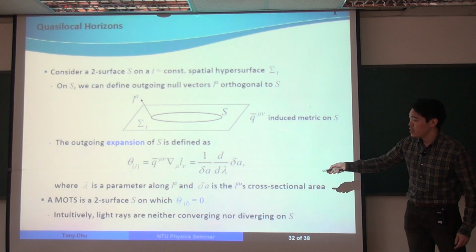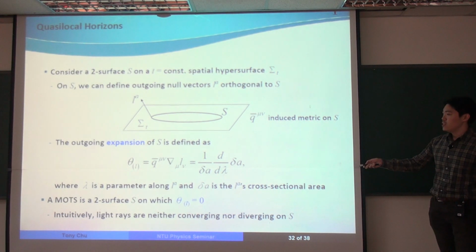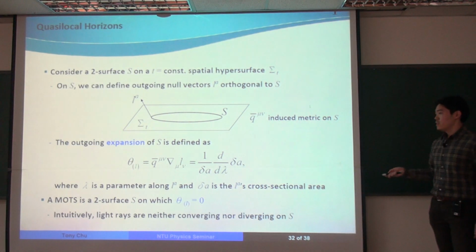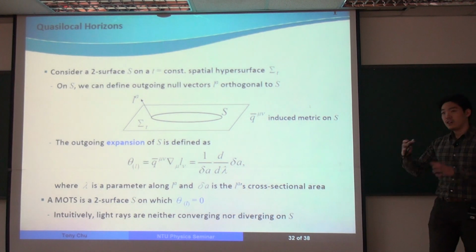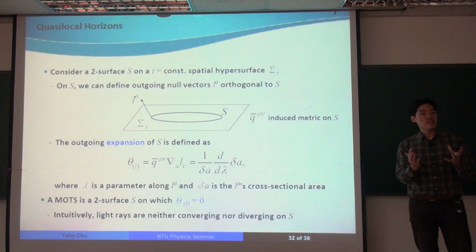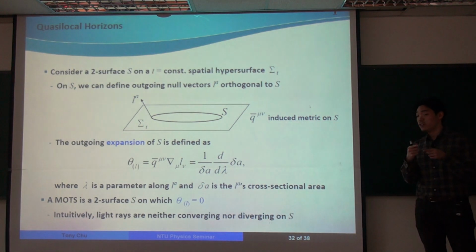What the expansion theta L measures is the fractional rate of change of that cross-sectional area along the light rays. So for instance, if the expansion theta L on a two-surface was negative, then physically that means light rays on that surface are converging towards each other.